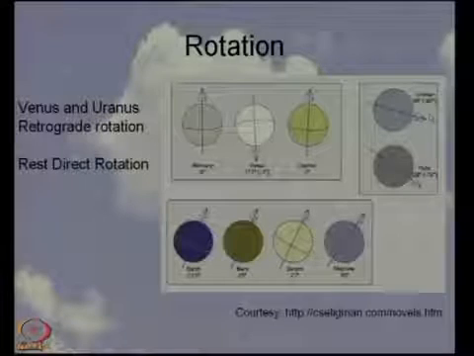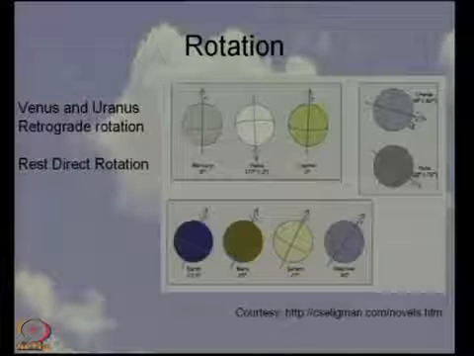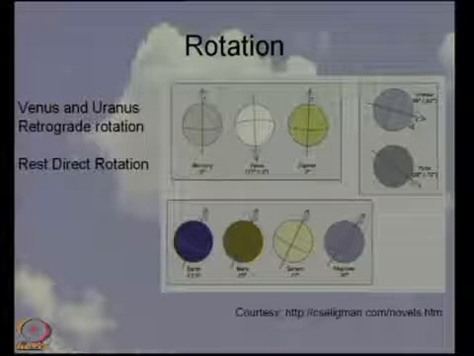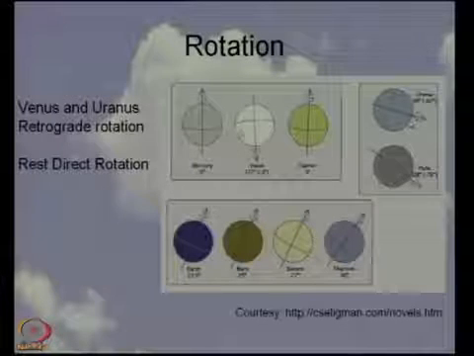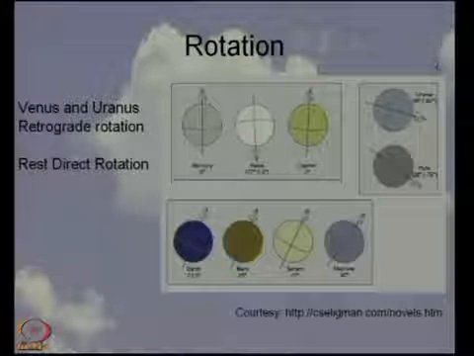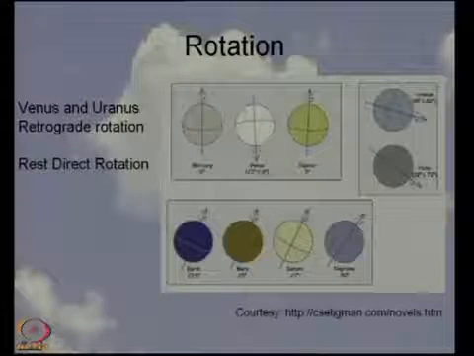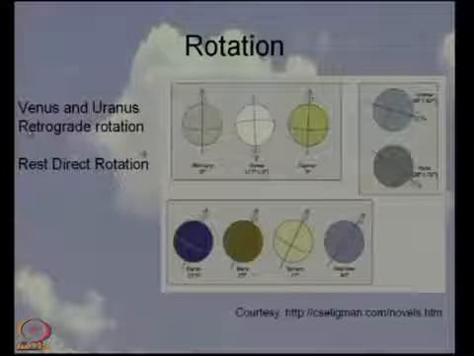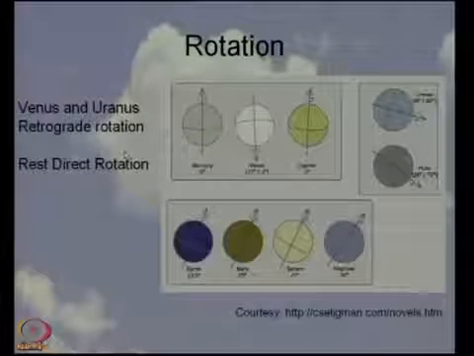So, the direction along which it rotates is roughly in the plane of the orbit, Uranus. Now, both Venus and Uranus rotate in the direction opposite to which they revolve around the sun. This is called retrograde rotation. So, the rotation is in one direction and it revolves around the sun in the opposite direction. This is called retrograde rotation.